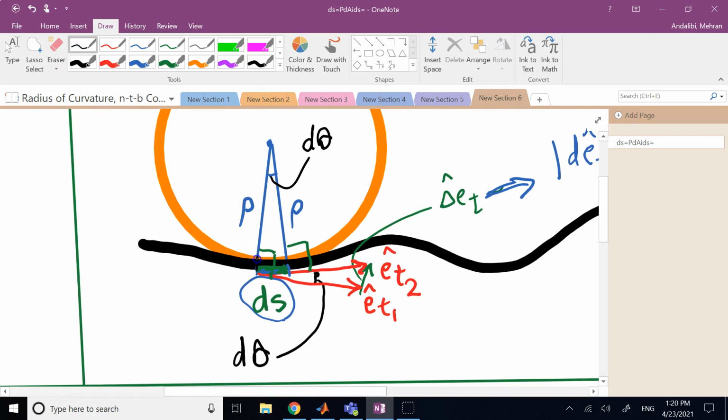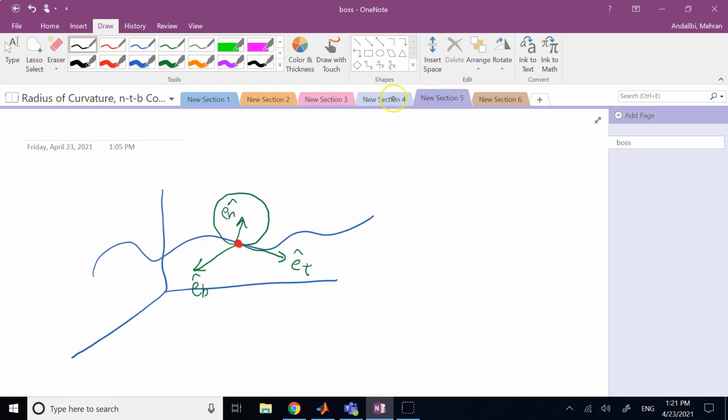It is clearly very similar to this direction, which is en. Right? If you look at the green vector and the black vector. And the smaller this angle becomes, you can easily show that these two vectors are going to be parallel. So that's why the direction of it is what?